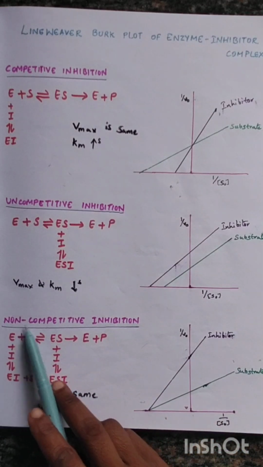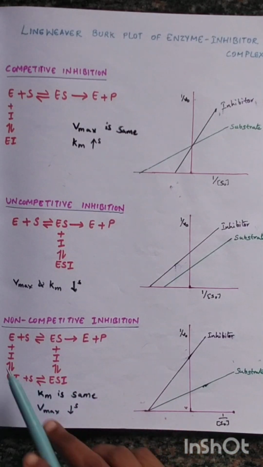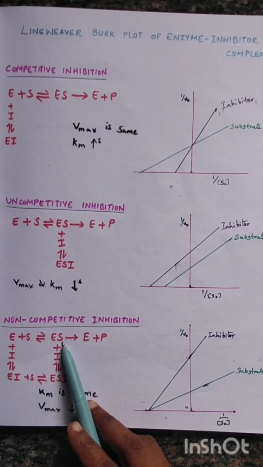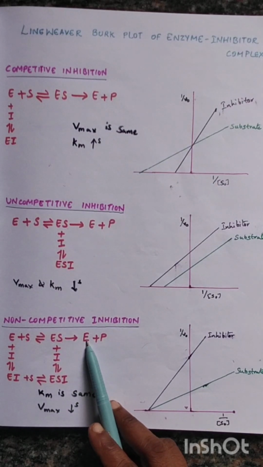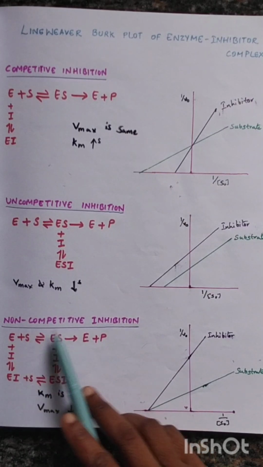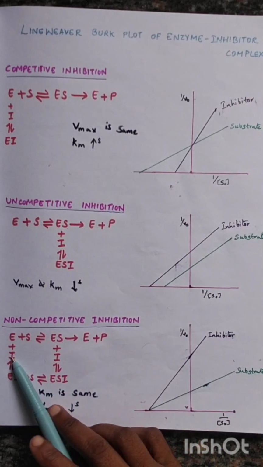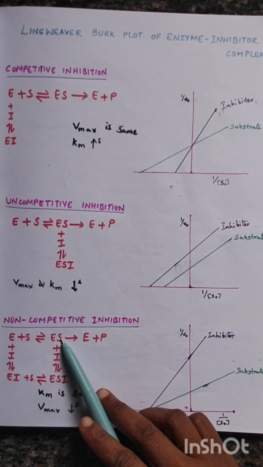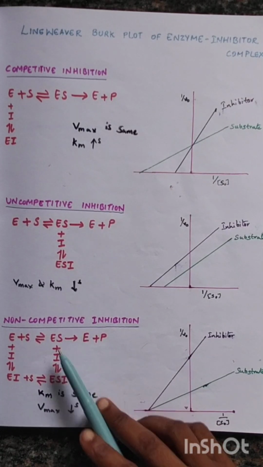Coming to non-competitive inhibition, here the enzyme plus substrate gives rise to the enzyme substrate complex, which further gives rise to enzyme plus product. In non-competitive inhibition, the inhibitor can bind with either the free enzyme or the enzyme substrate complex as well.